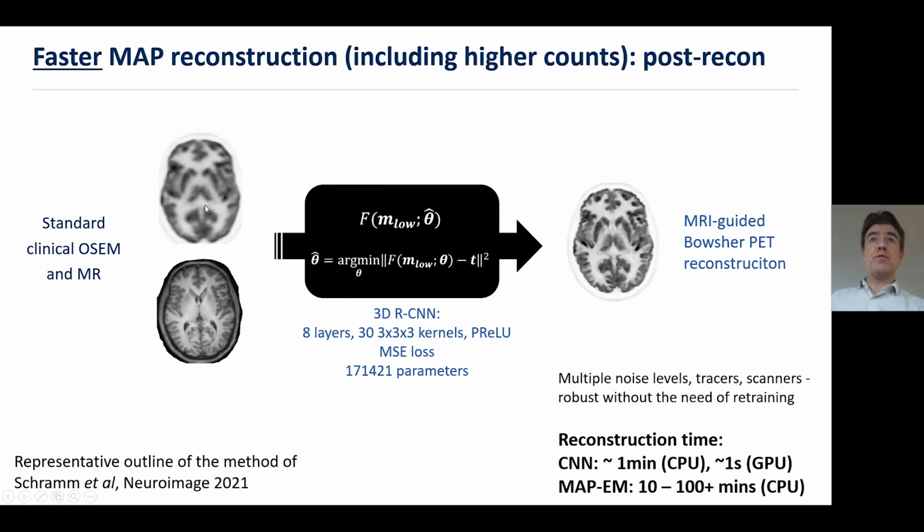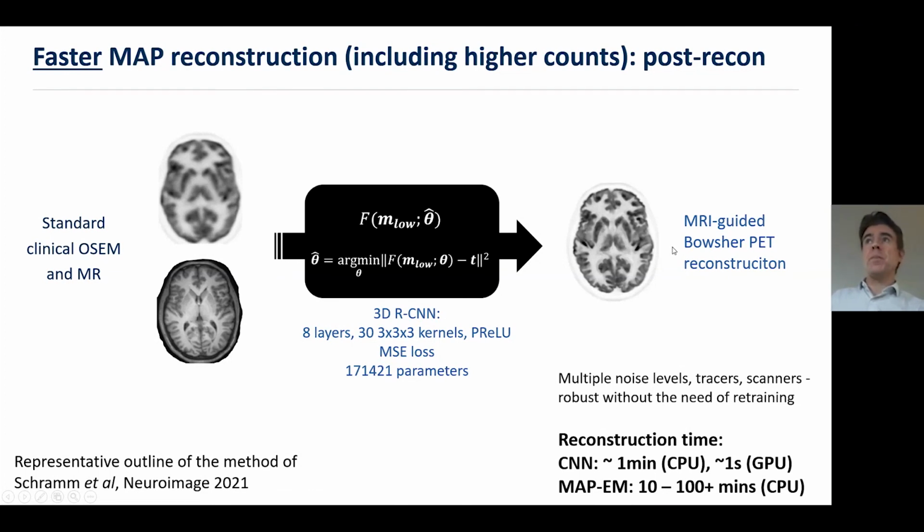What you can do is take a conventional OSEM image. I've shown you the methodology here already, how simple it is to obtain that. You can take that with a fully reconstructed T1 weighted MR image, put those two as an input to a convolutional neural network. Here it's a residual convolutional neural network, which means we're just trying to learn what is the difference between what we want and what we have.